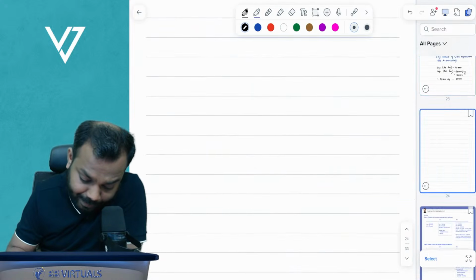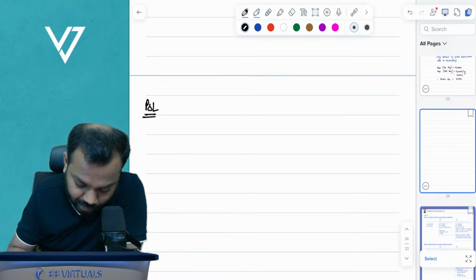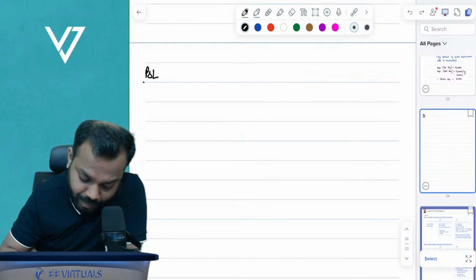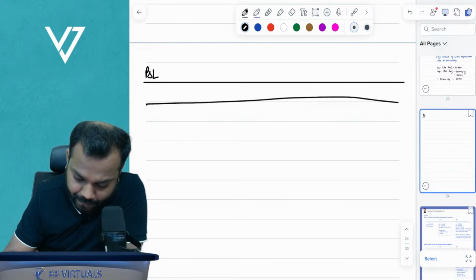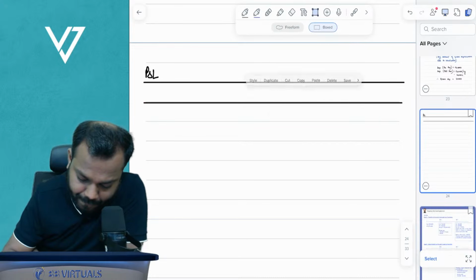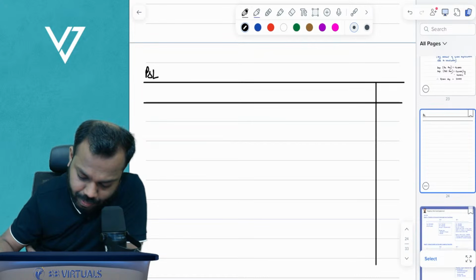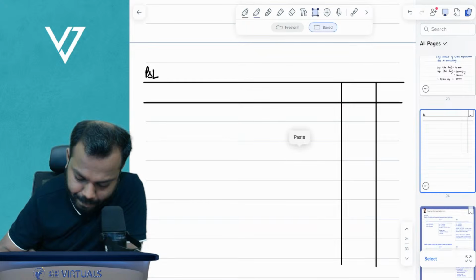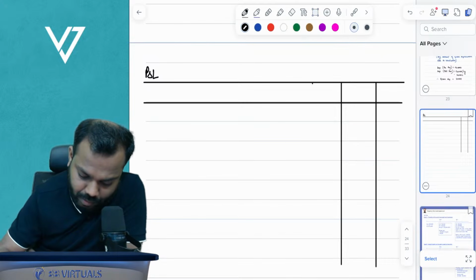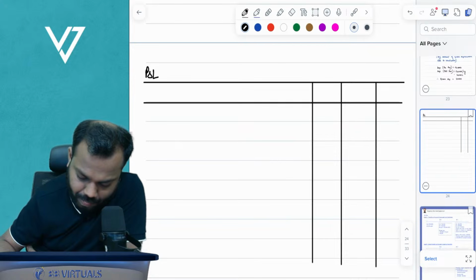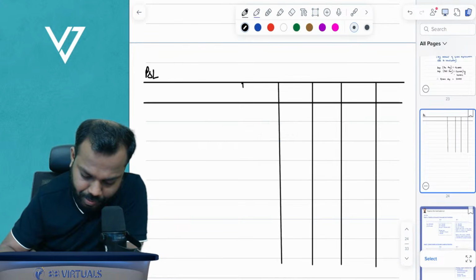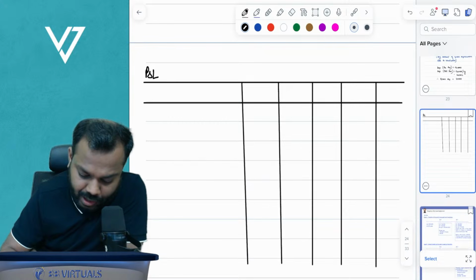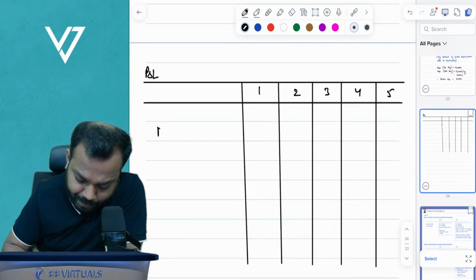Please see the P and L. Years 1, 2, 3, 4, 5 depreciation.